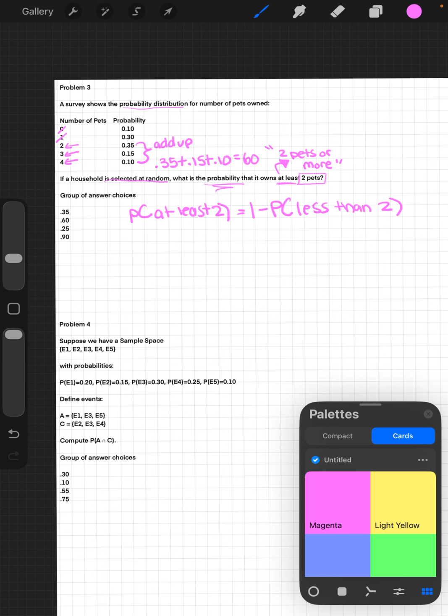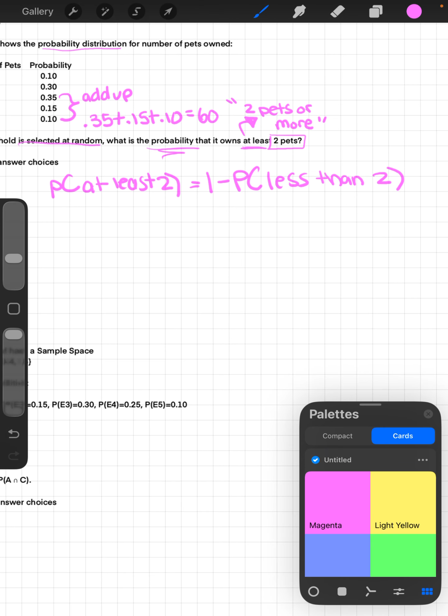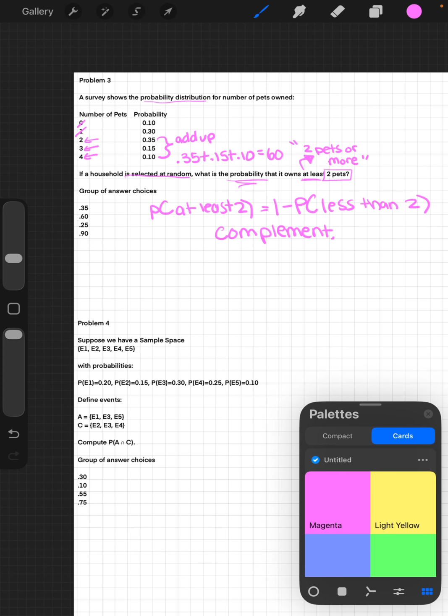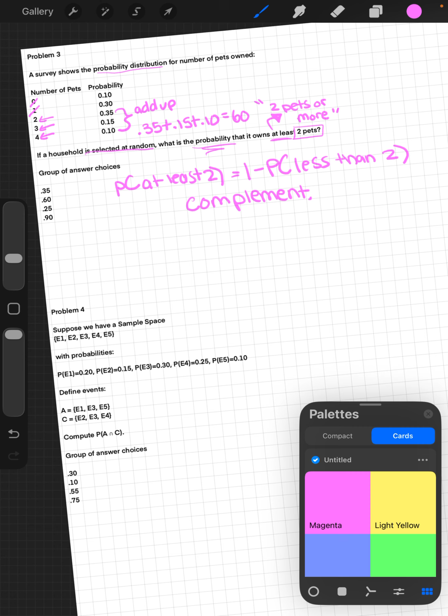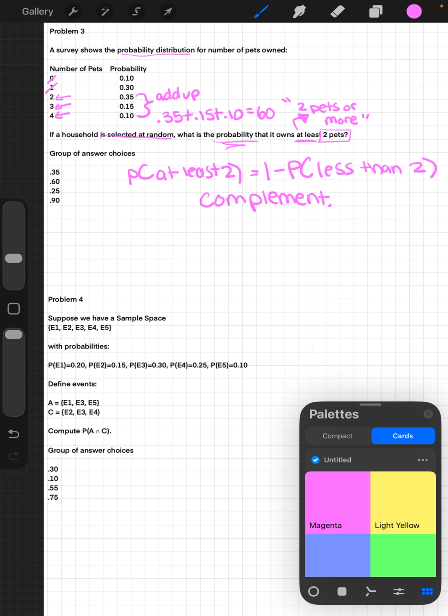And this is called a complement, because it's like the opposite, basically. And I hope that helps if you want to explore it a little bit more, since this would be 0.60. And then the last one.